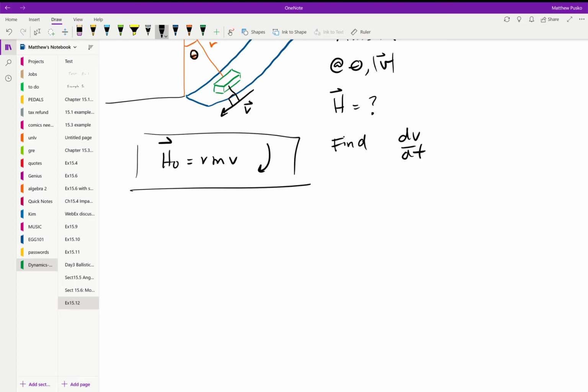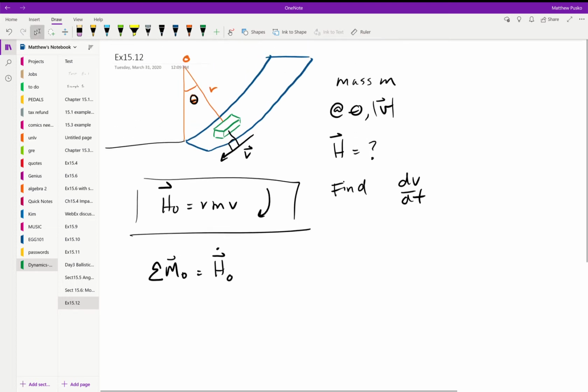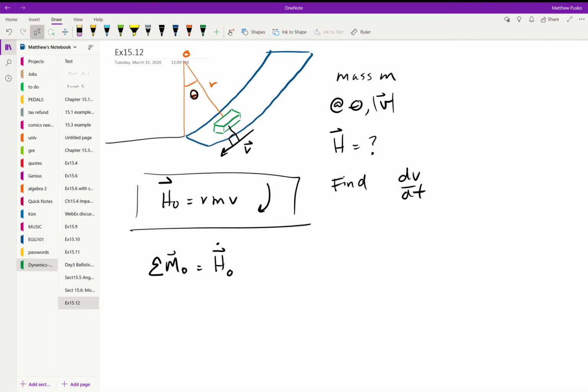Well, for this, I'm going to sum the moments about point O and use the definition we just came up with that all the moments acting upon O is going to change the angular momentum with respect to time. And in this case, our moment, let's draw a free body diagram.